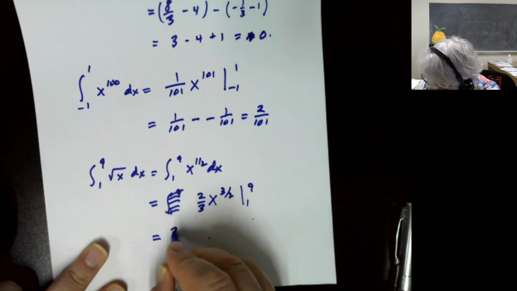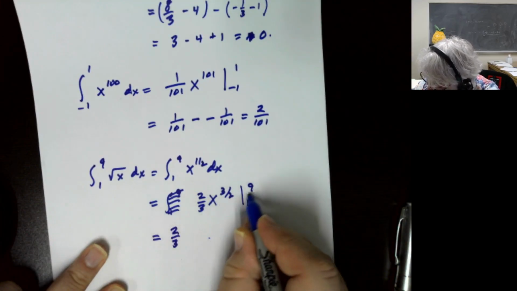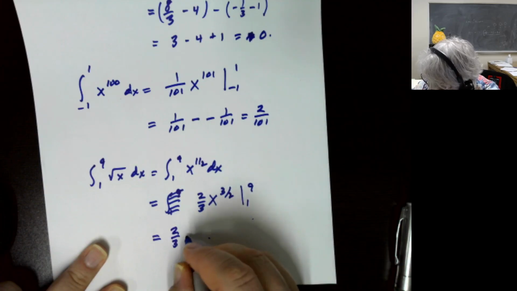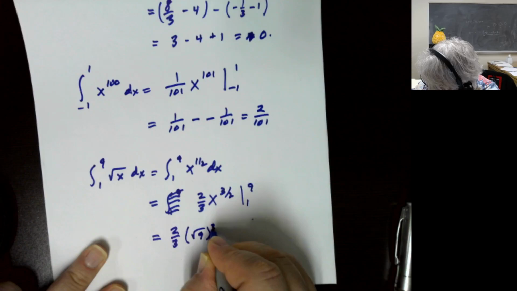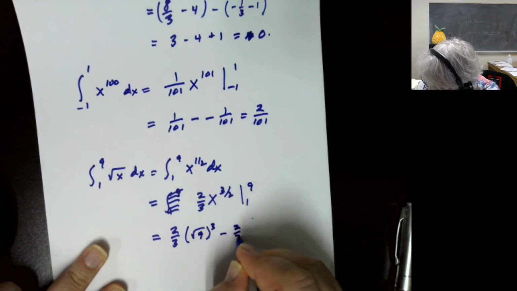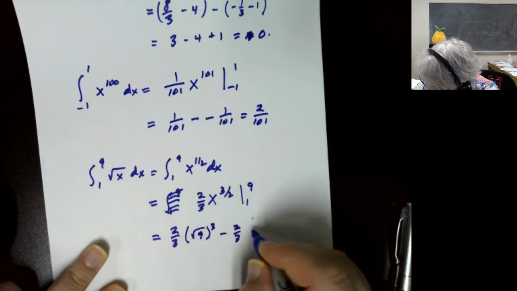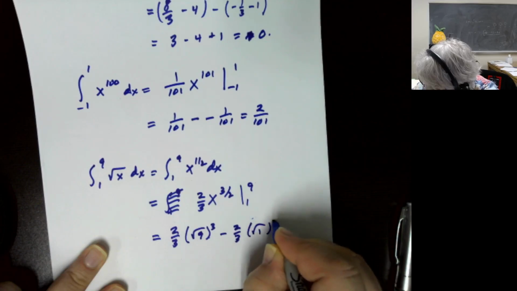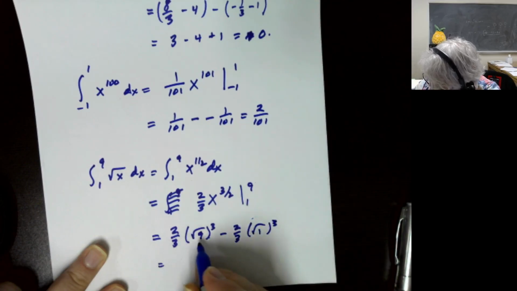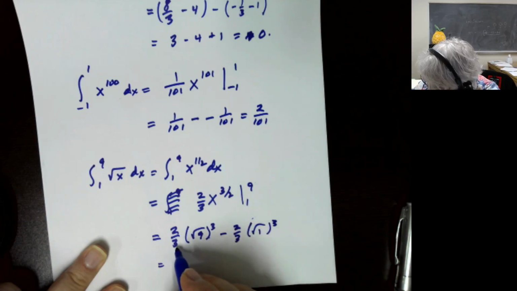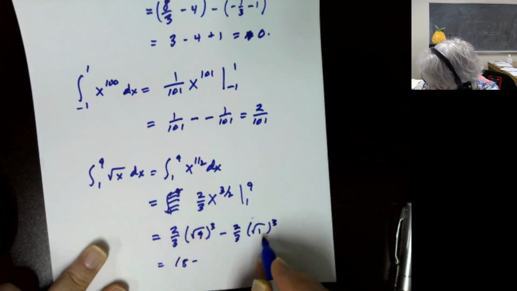So when you go to compute this, we're going to have 2/3 times the square root of 9 cubed. So I'm going to go ahead and write it that way. Square root of 9 cubed minus 2/3, and then square root of 1 cubed. Good. So that's 3 cubed, which is, well, it's 3 squared because I've got a 3 down here. So that's 9 times 2 is 18, minus 2/3.